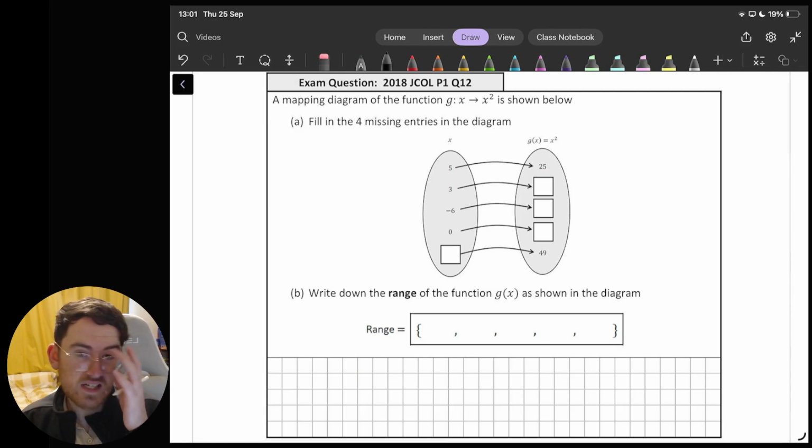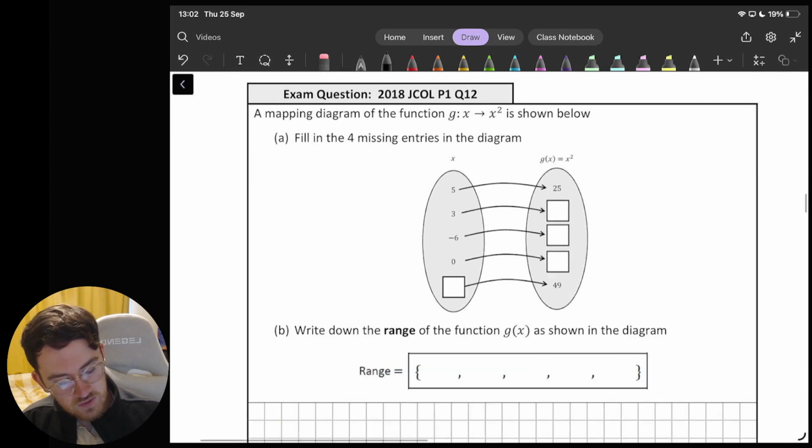We have another mapping diagram here. The first part asks us to fill in the missing entries. That requires us to look at what the function is, which is given at the top. It uses one of our different function notations, but essentially it says that every input, and then the arrow, which we said represents maps, goes to that input squared.